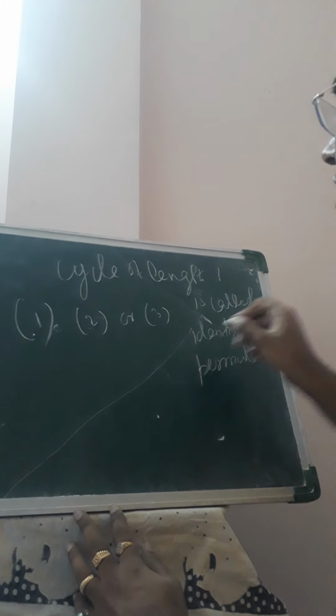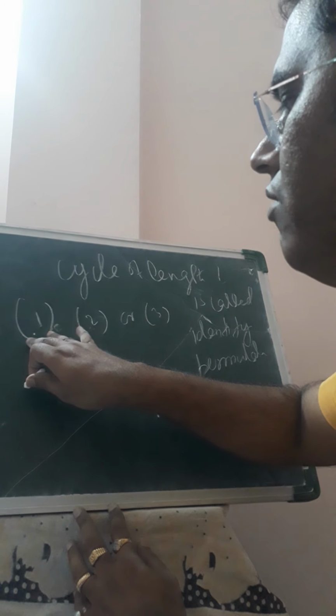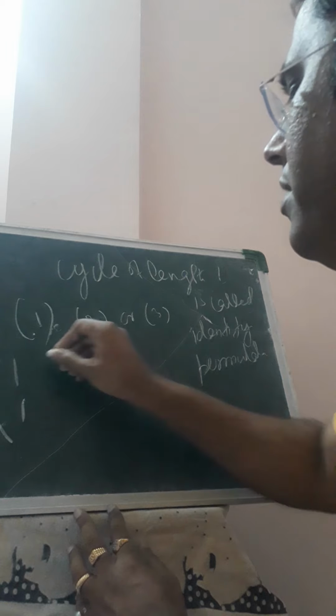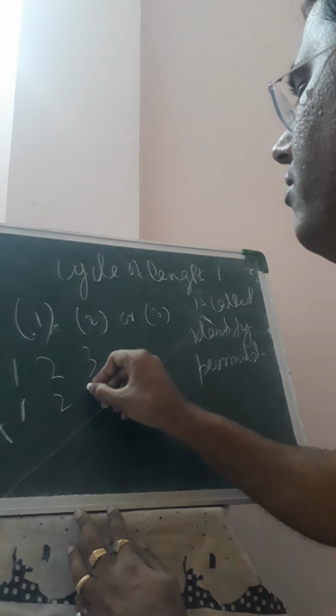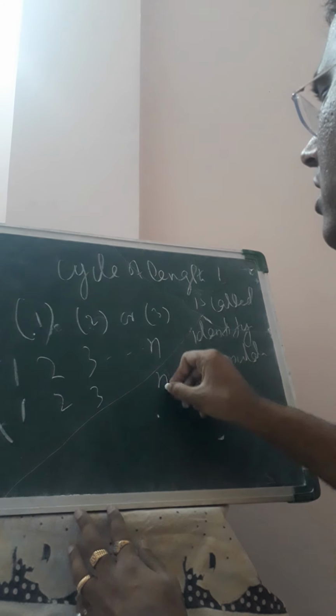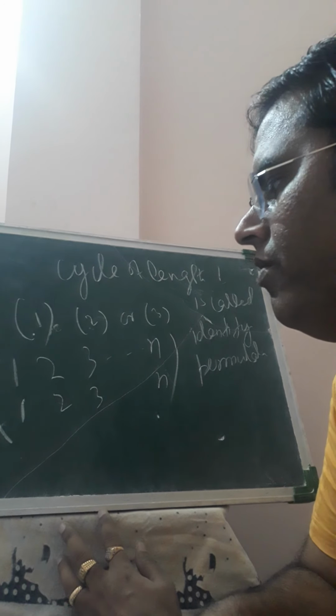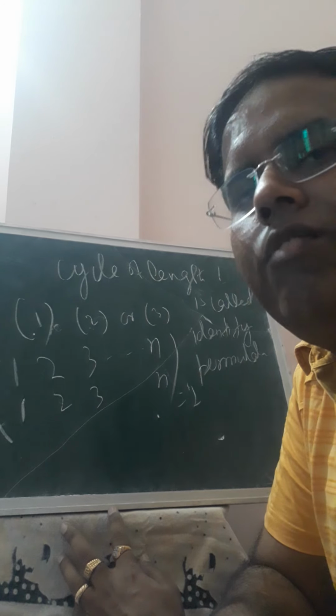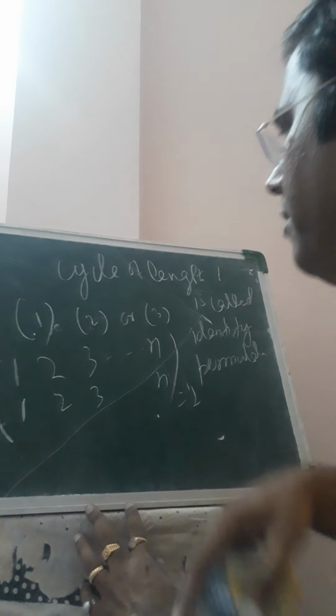Why is it the identity permutation? Since if it is a cycle of length 1 like this, then the image of 1 is 1 and the images of the rest of the elements are not changed. So this is an identity permutation. So the cycle of length 1 is called the identity permutation.